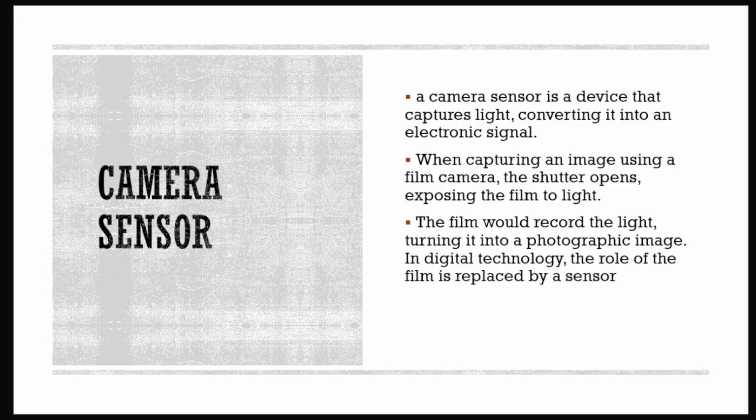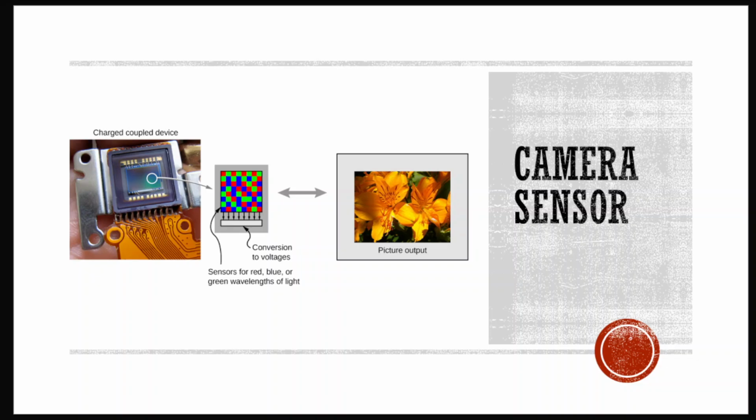We have translated towards digital. Coming to camera sensors, you can see in this camera that here we have the camera sensor. The camera sensor will have many tiny pixels.